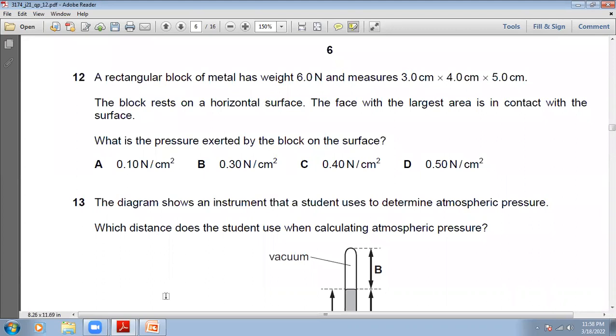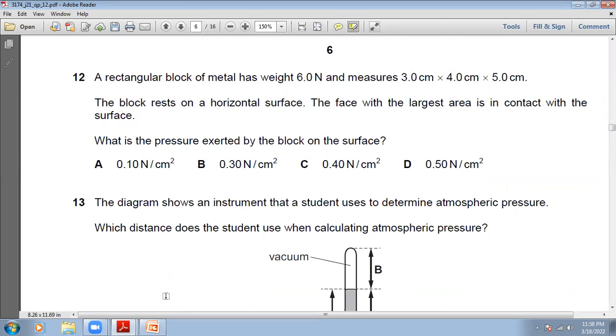He says a rectangular block of metal has a weight of 6 Newton and measures 3 centimeter by 4 centimeter by 5 centimeter. The block rests on a horizontal surface. The face with the largest area is in contact with the surface. What is the pressure exerted by the block on the surface? You know, the pressure is equal to the force divided by area.